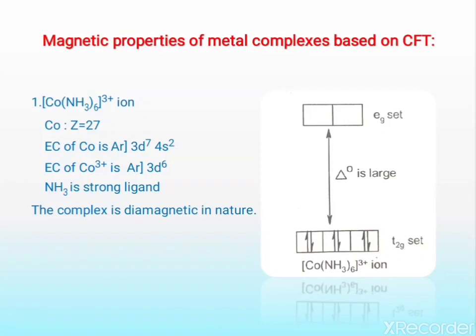This is the magnetic property of this complex. Dear student, please note this: if the complex contains unpaired electrons, then it exhibits paramagnetic property. If the complex doesn't contain unpaired electrons, then it exhibits diamagnetic property.